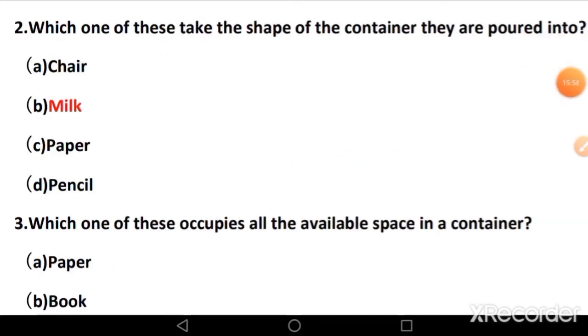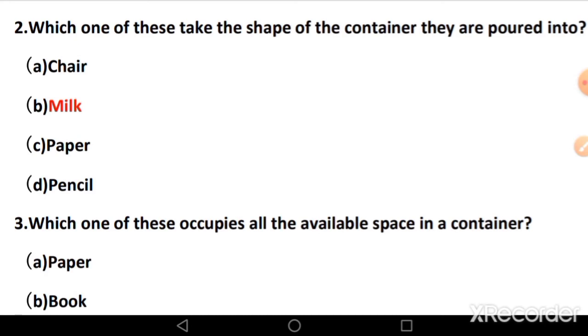Second MCQ, which one of these take the shape of the container they are poured into? Option A, jar. Option B, milk. Option C, paper. And option D, pencil. Here options A, C and D are examples of solids, and solids have fixed shape.